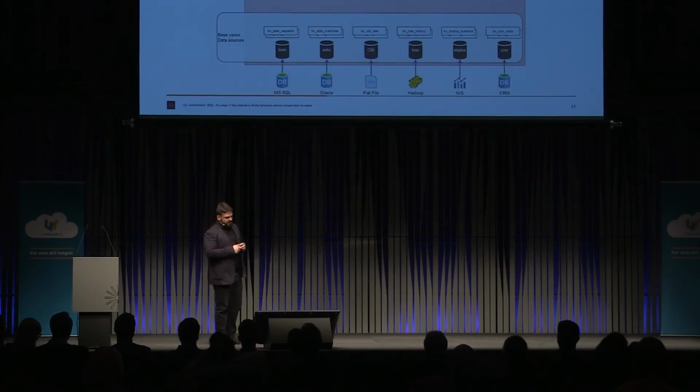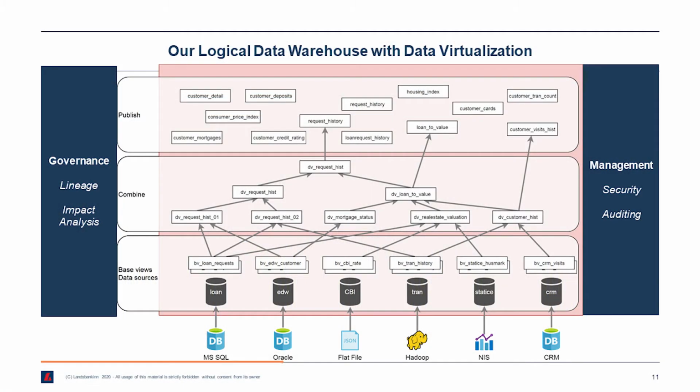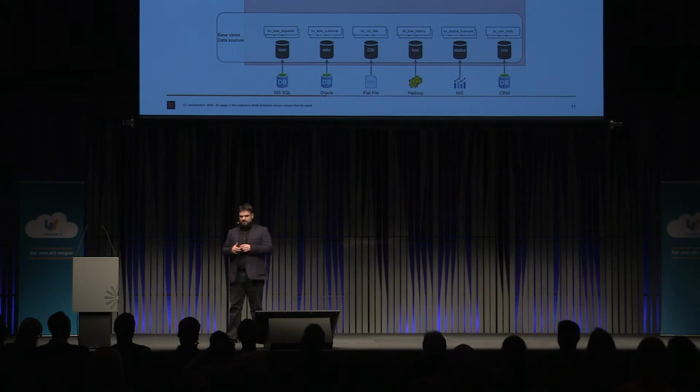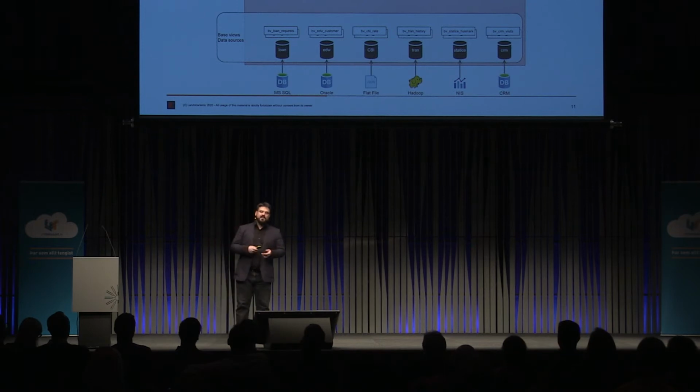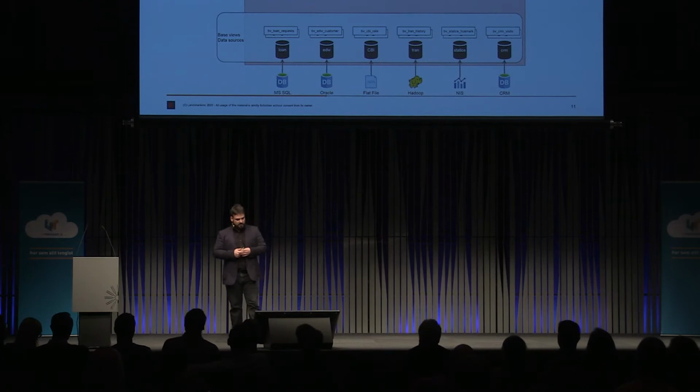So if you get into the belly of the beast, let's say we have different data sources with different types. You will create some data sources, which are basically the connection and how to access your data, and base views, which are an abstraction of your physical data source, whether it's files, database tables, and so forth.